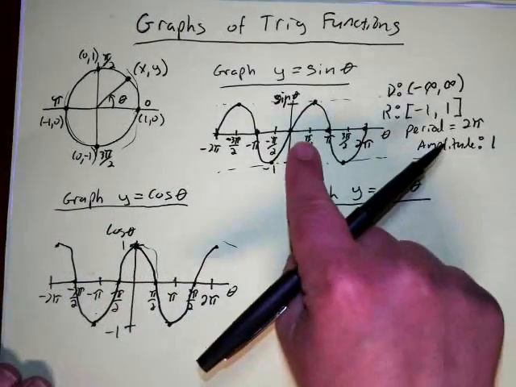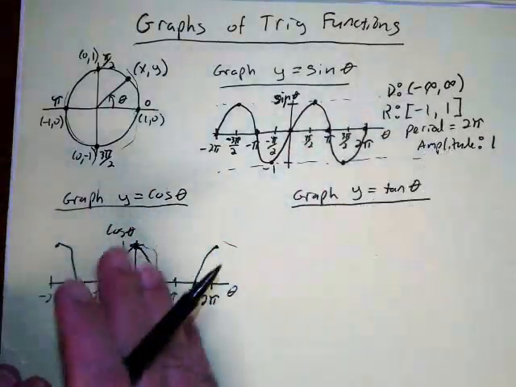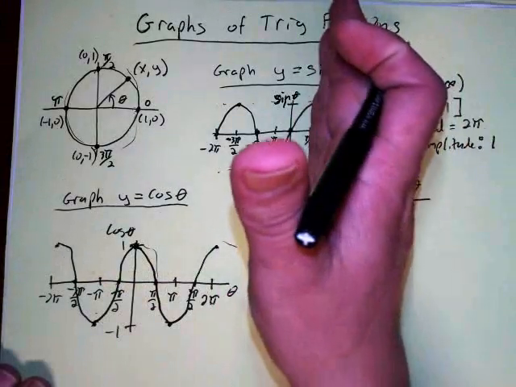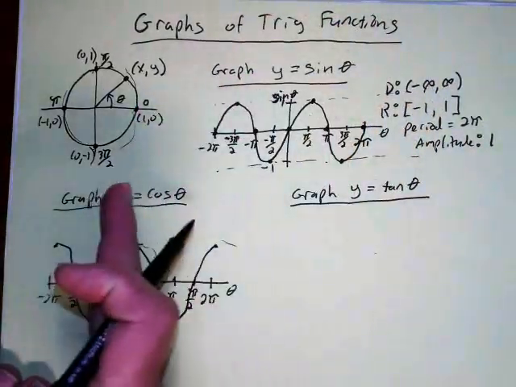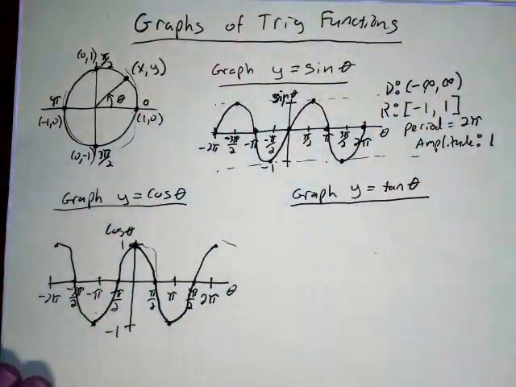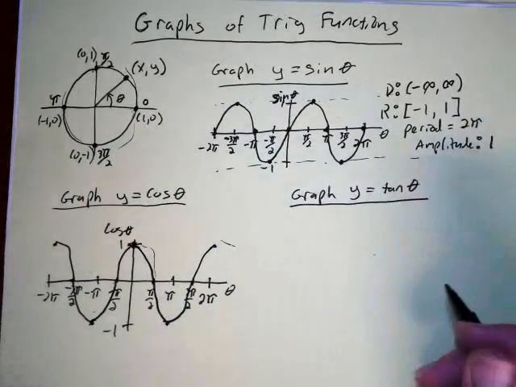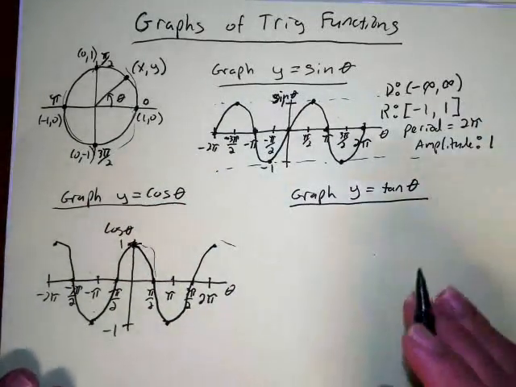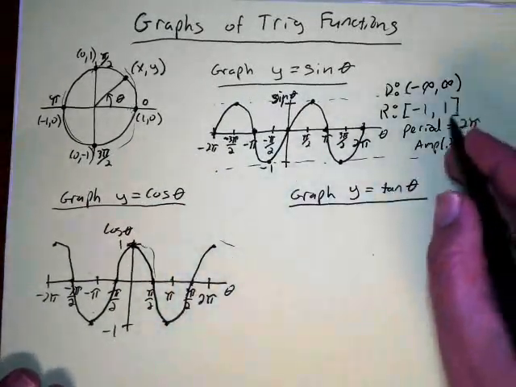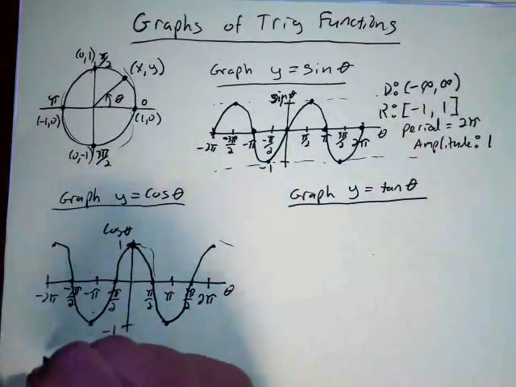Okay? And it's really the same wave as this, it's just shifted over. So if I took this wave and just shifted it back 1 quadrant, it would look just like the cosine wave. So they're pretty much the same wave, they're just starting in a different place. And similarly, all these are the same over here.